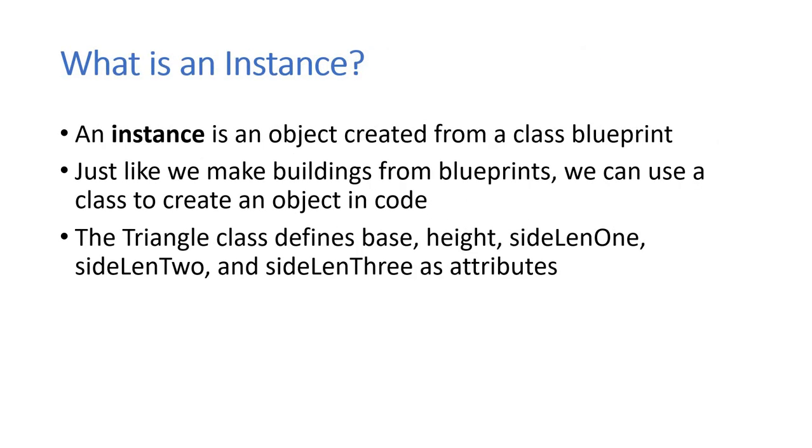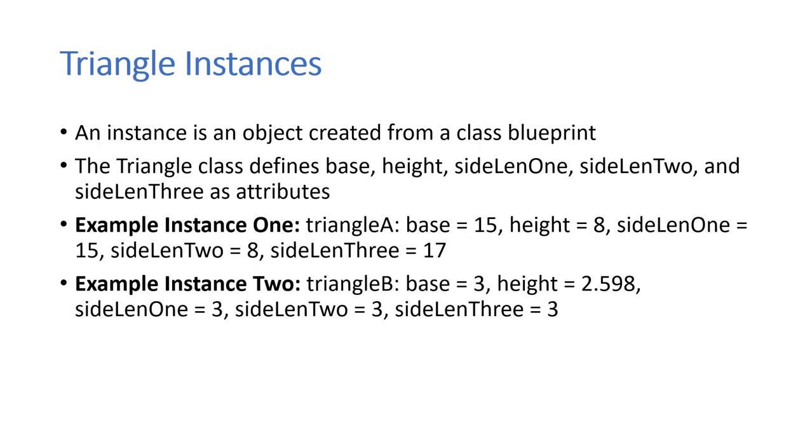An instance is an object created from the class blueprint. Just like we make a building from a blueprint in real life, we use a class or blueprint to create objects or instances in code. Thinking back to our triangle class, a triangle has a base, height, and three sides. An instance of a triangle, say named triangle A, could have a base 15, height 8, and side lengths 15, 8, 17.